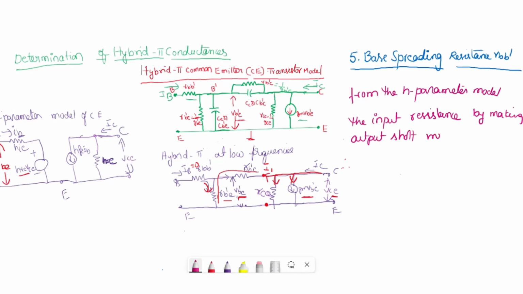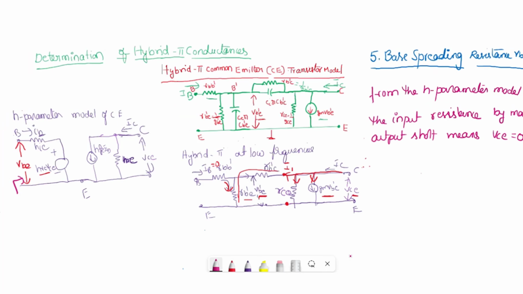Output short means you have to make VC equal to 0. When you make VC equal to 0, what is the input impedance? See here, from the H parameter model, what is the input impedance? Ri is nothing but the only resistance in the input circuit, HIE.